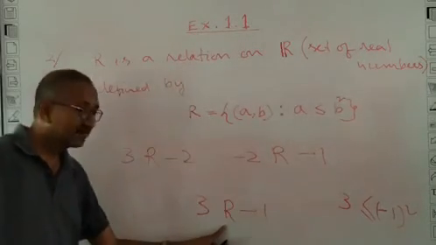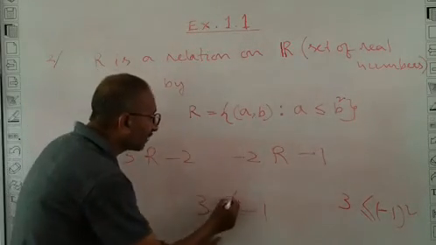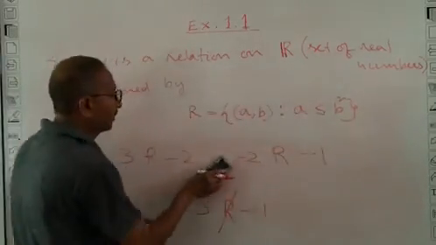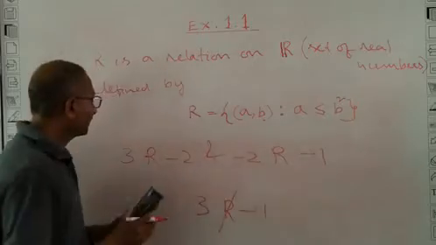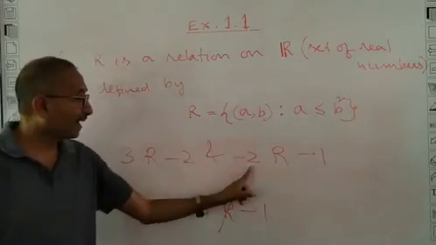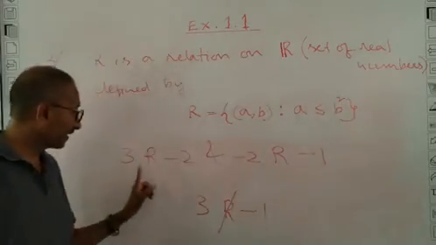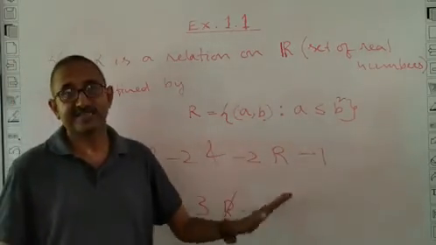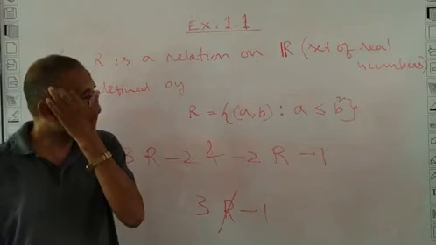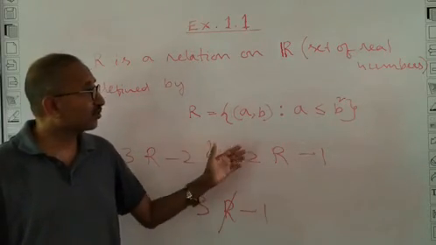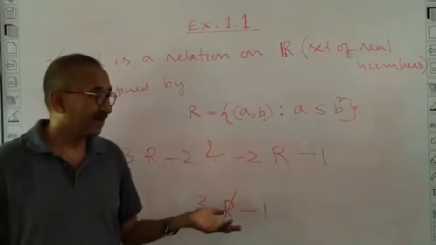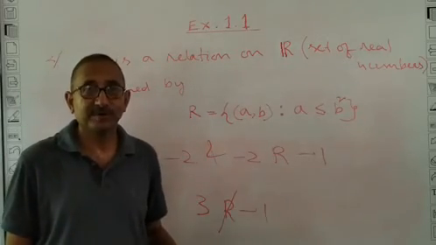That means 3 is not related to -1. What we have got now: 3 is related to -2, -2 is related to -1, but 3 is not related to -1. So it is not transitive. In this way, citing examples, we can show that it is not reflexive, not symmetric, and not transitive. Hope you have understood. Thank you.